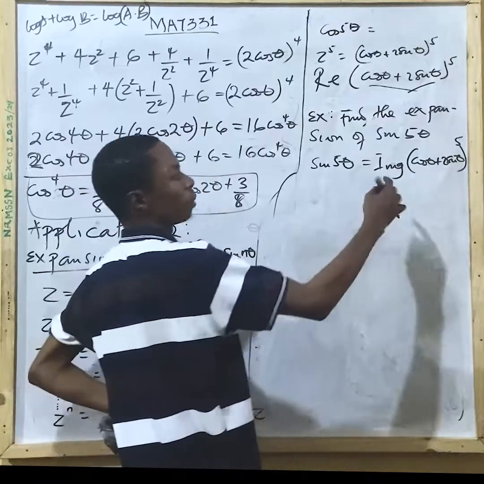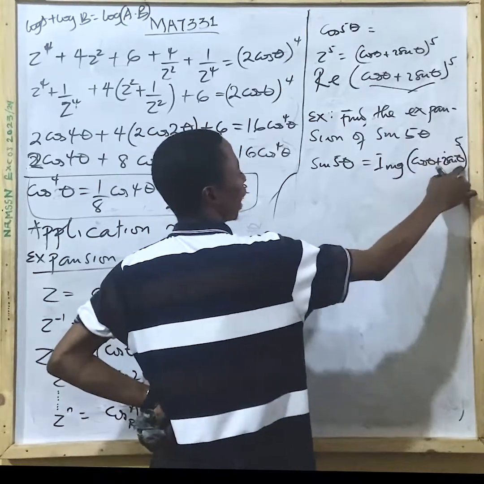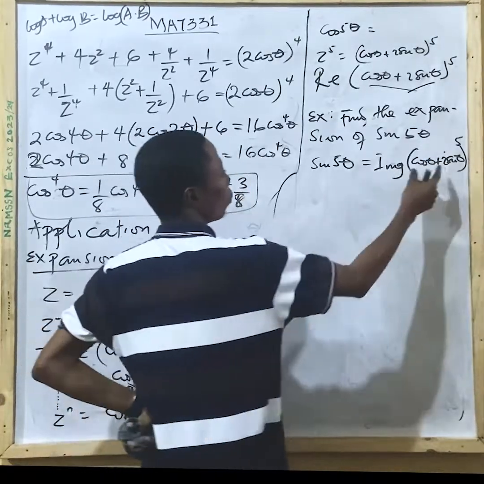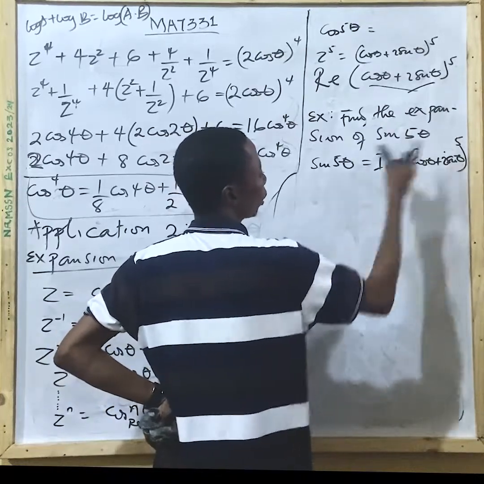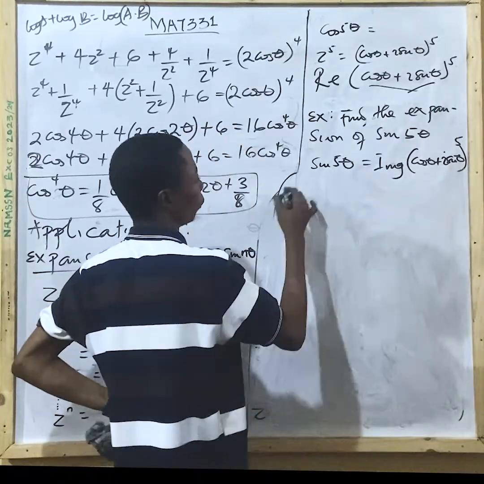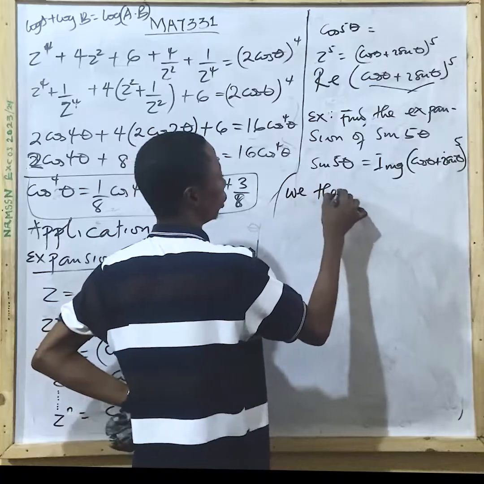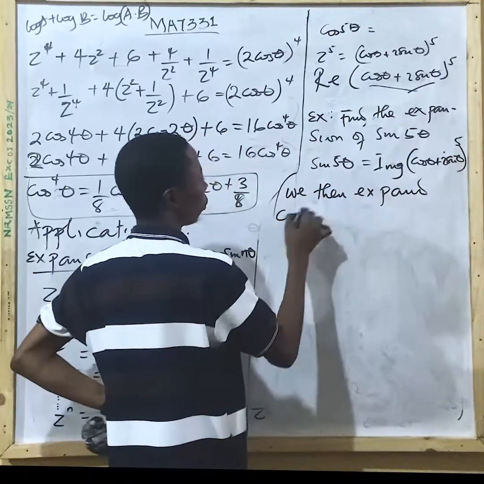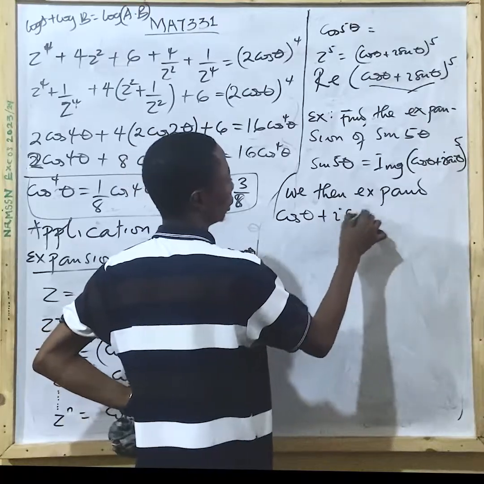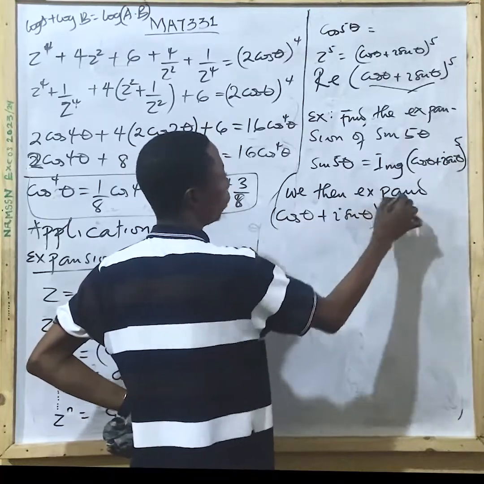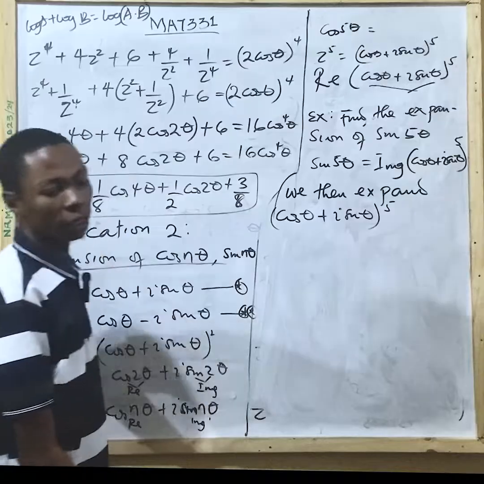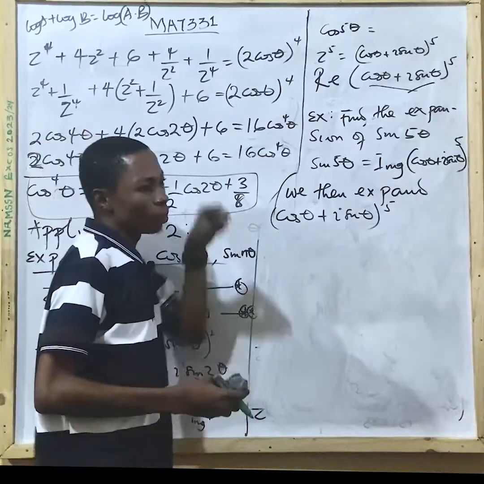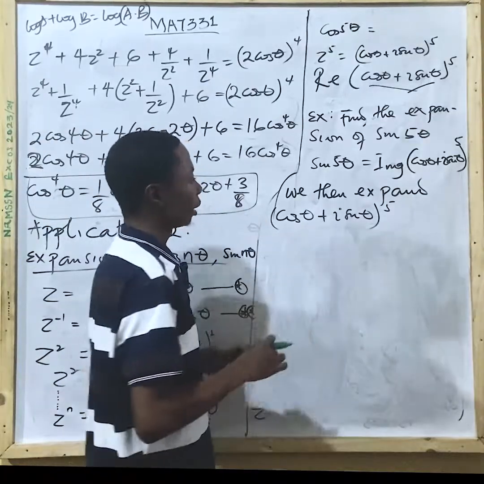So what I will now do is expand cos theta plus i sin theta raised to power 5. Then we take the imaginary part. So the imaginary parts are the parts carrying i.